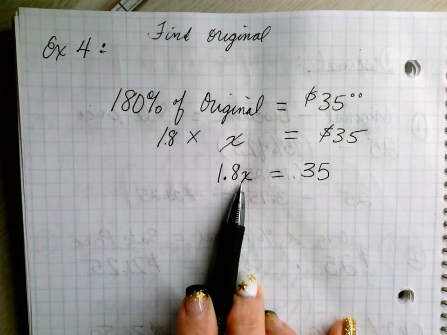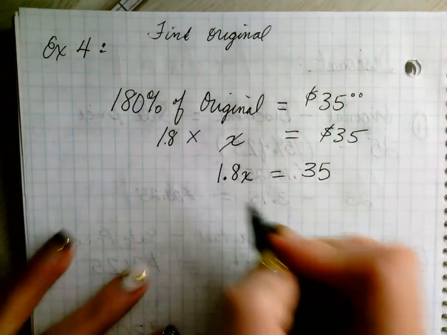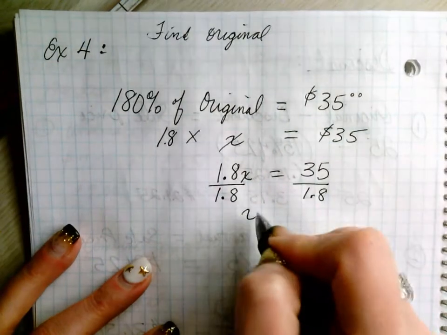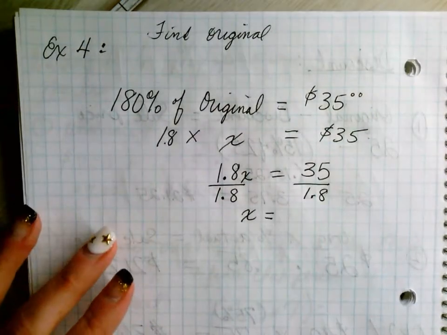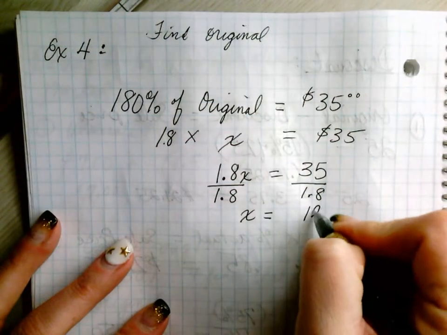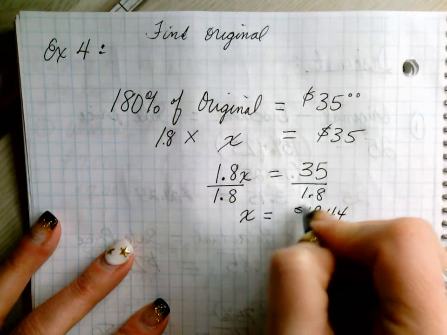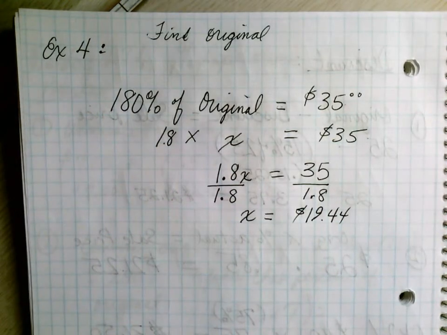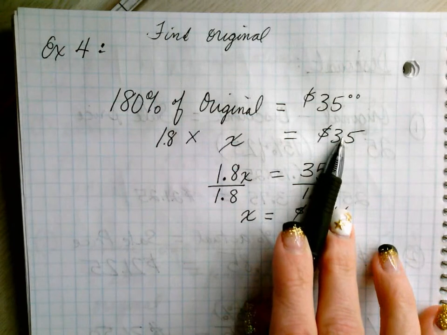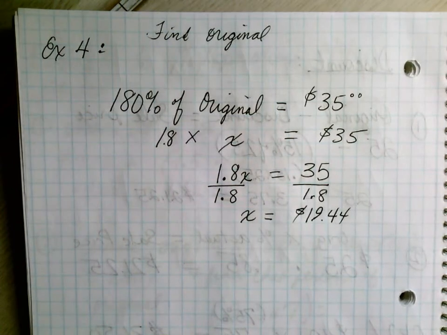When you're missing a factor in a multiplication problem, you divide by the known factor, which in this case is 1.8. After you've performed the division, you should end up with 19.44. So that says that they got these for $19.44, marked it up by 80%, and came up with that number after they combined wholesale plus markup.